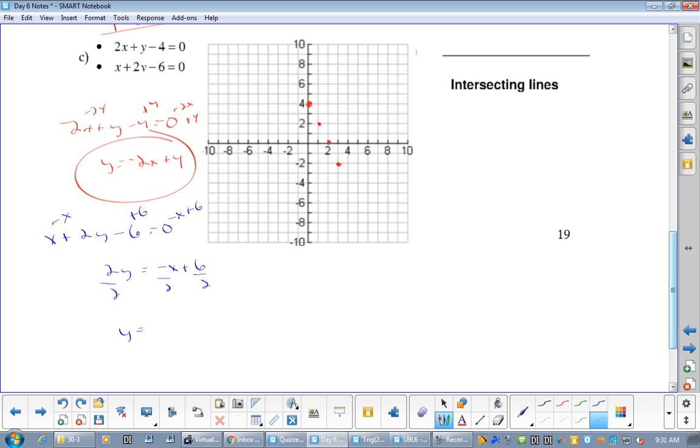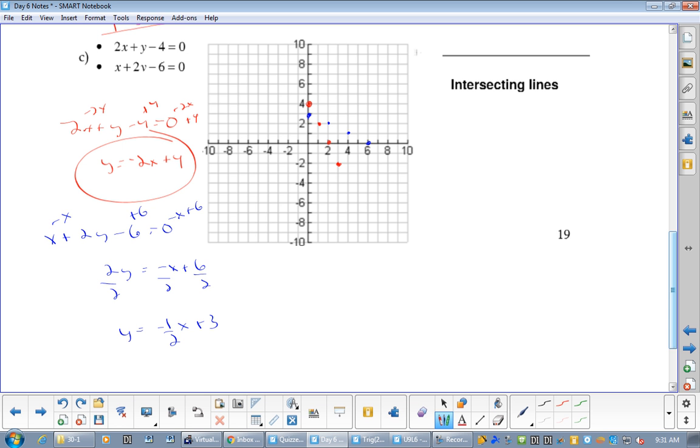Y equals, I'm going to change this to negative 1/2 x plus 3. So I will graph this by going to 3. And where will I go? Down 1, right 2. Down 1, right 2. Down 1, right 2. Down 1, right 2.